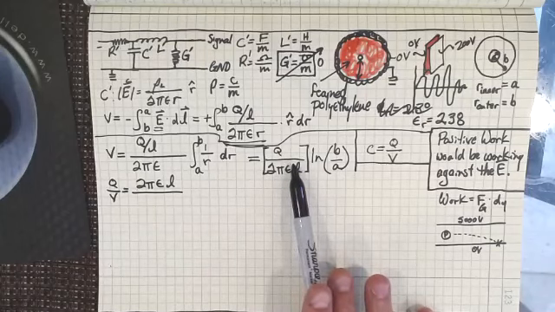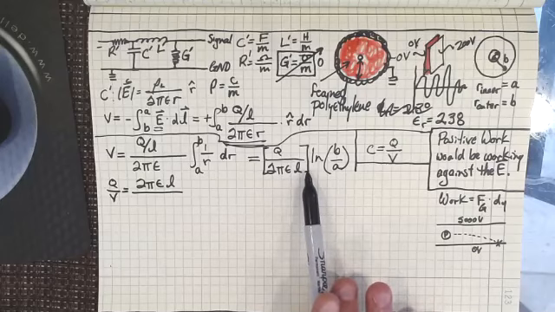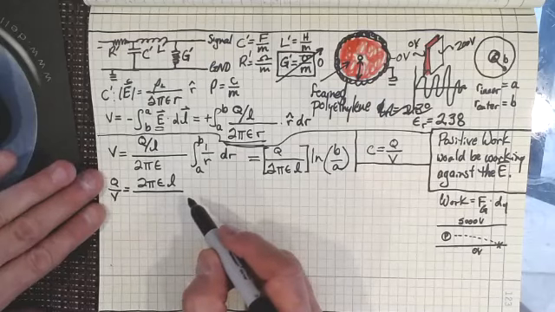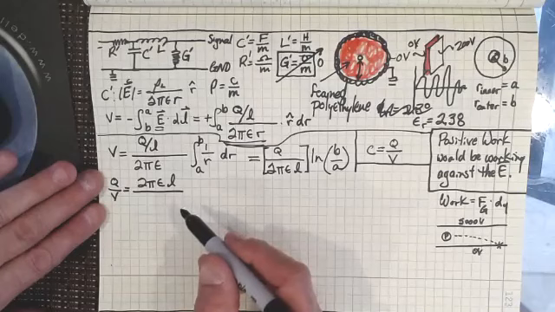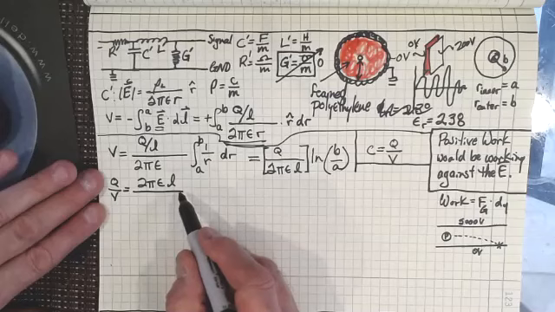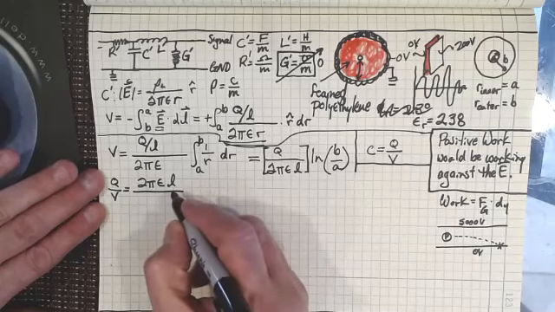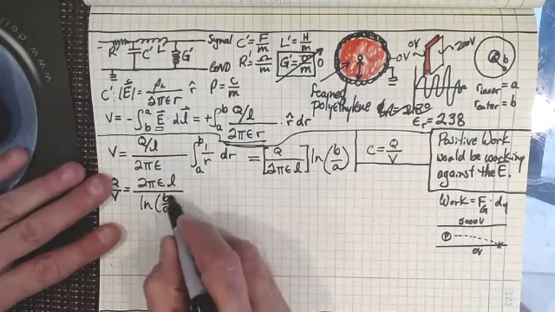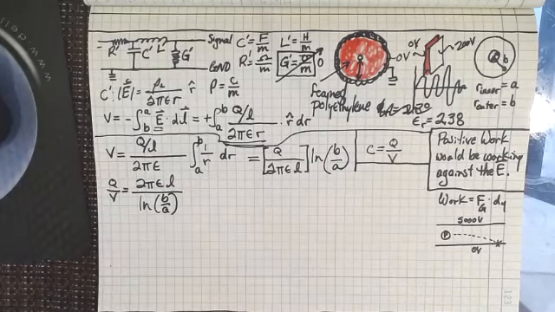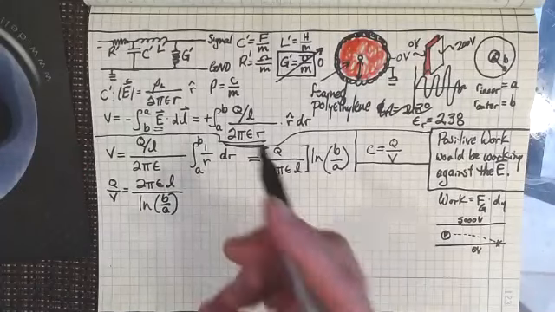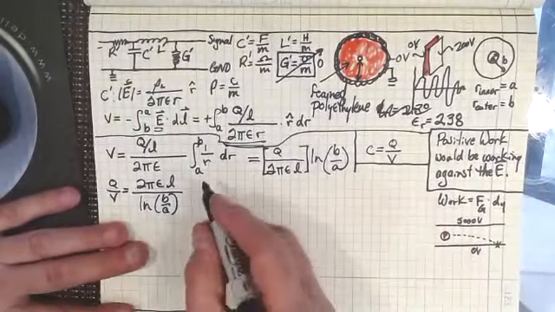Yeah, no, that's right. Wait a second. 2 pi epsilon L over the natural log of B over A. I'm sorry about that. For some reason it looked upside down, but of course it's not. Then I looked at my notes, and that's exactly what it is.